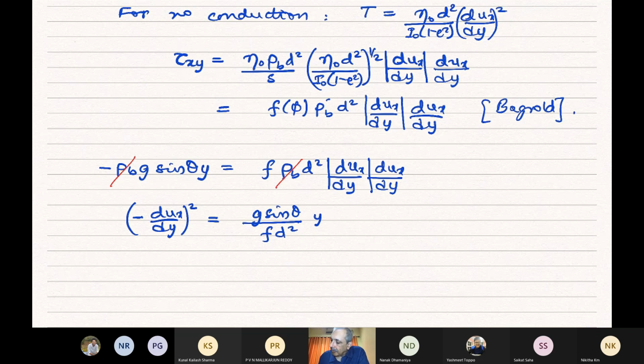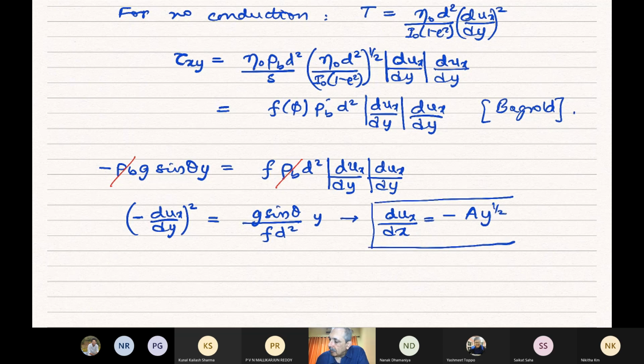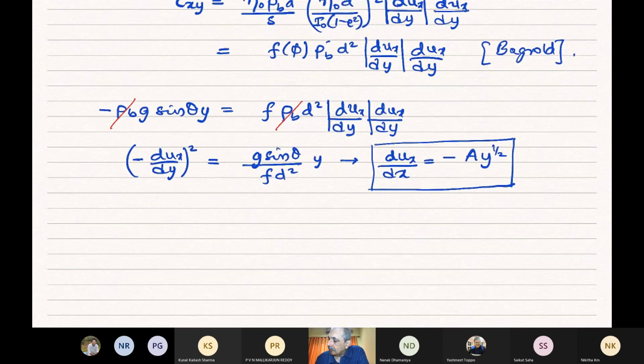And then if we take the square root, you get dux by dy is equal to minus some constant a into y raised to the power of half, where a is equal to g sine theta divided by f into d squared, raised to the power of half.